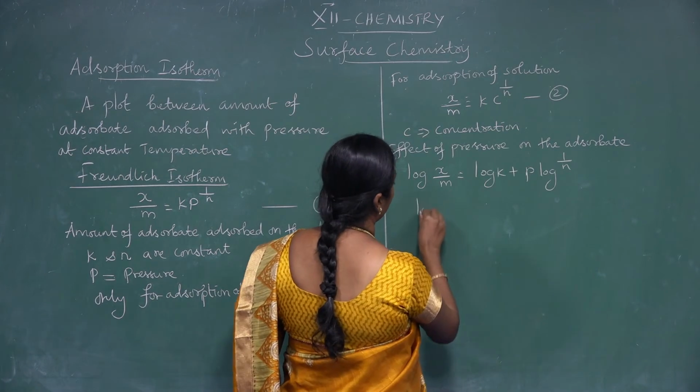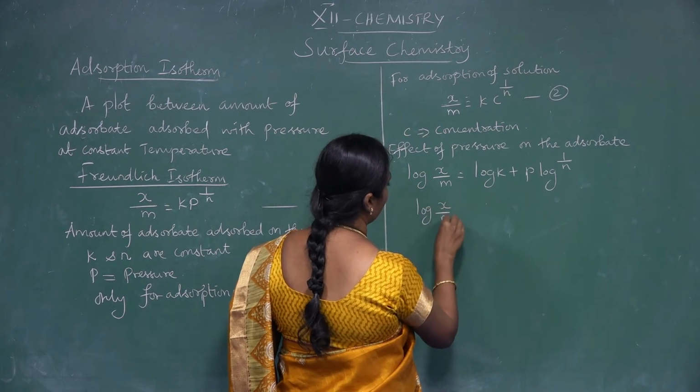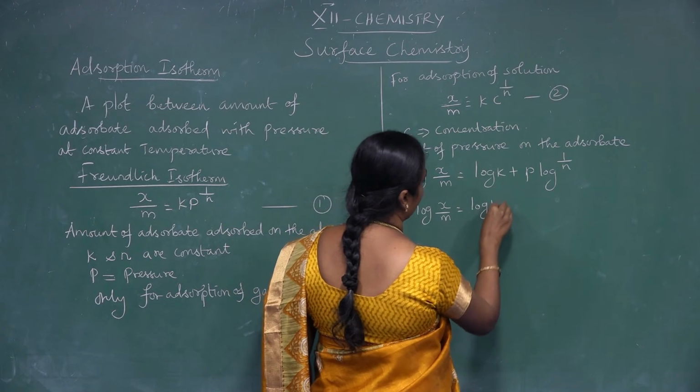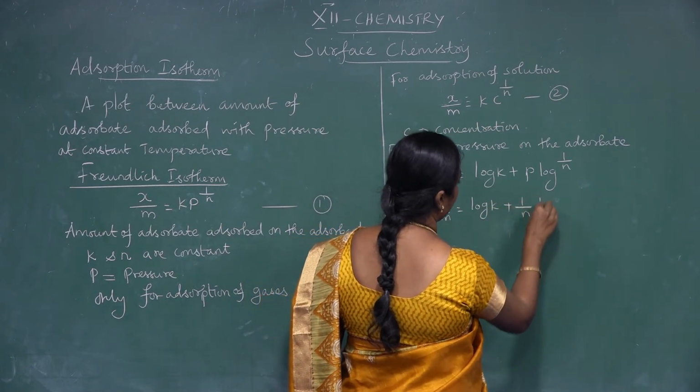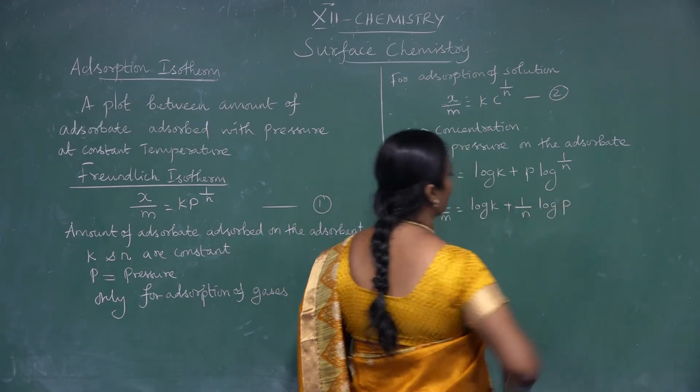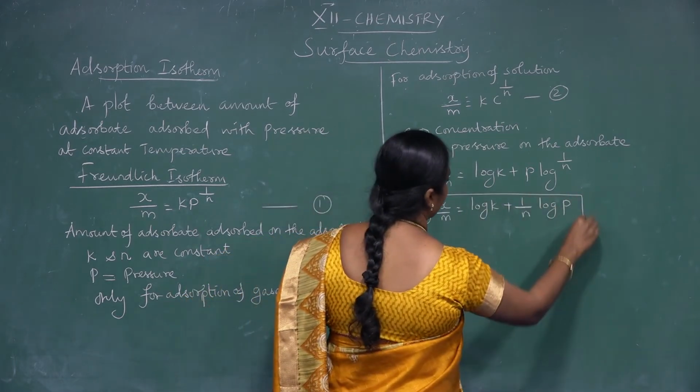So I can write log of x by m is equal to log k plus 1 by n log p.